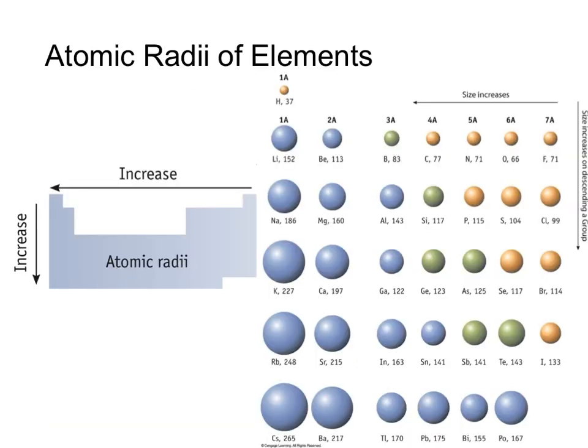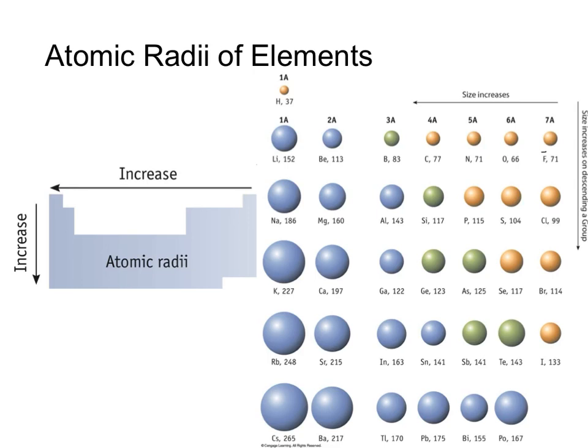And so we can see that in this diagram. If we're looking along our second period, we see that our size generally increases as we move from right to left. In our third period, again, we see the same thing, and we see that same general trend everywhere in the table.